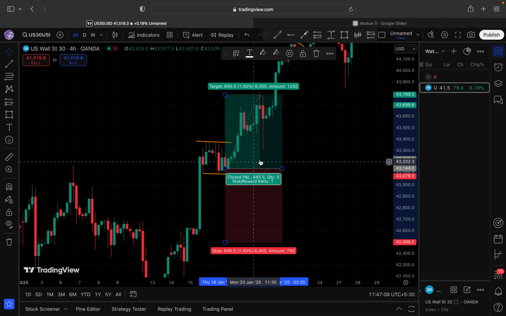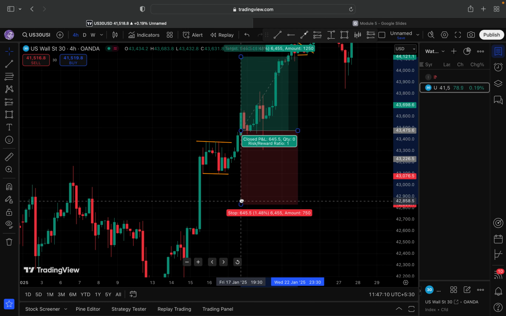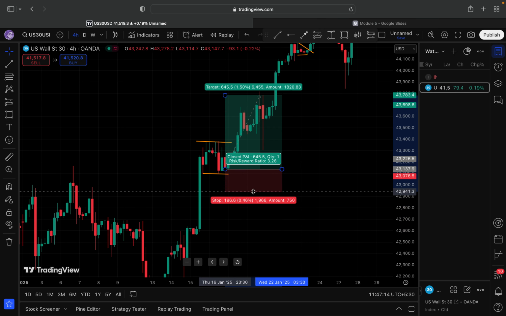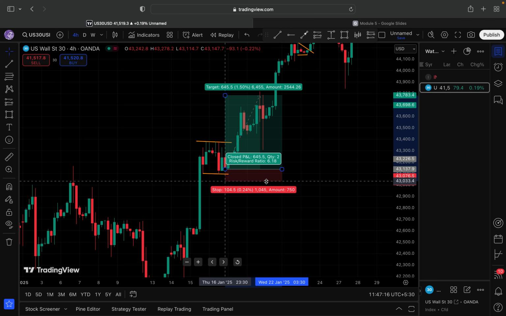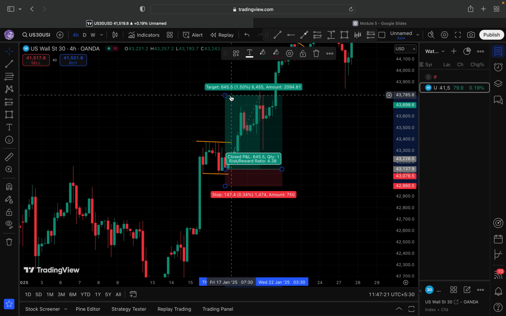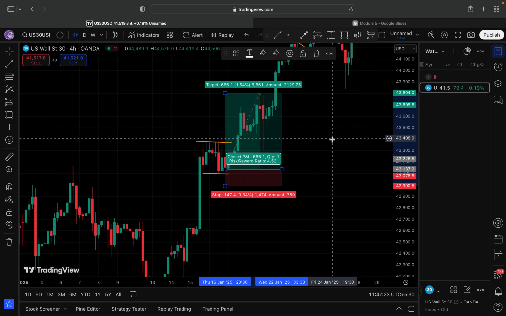You can either decide to take this trade here with a very low risk, because you took it at the zone, or you risk more. This could be your stop loss, and this could be your take profit.